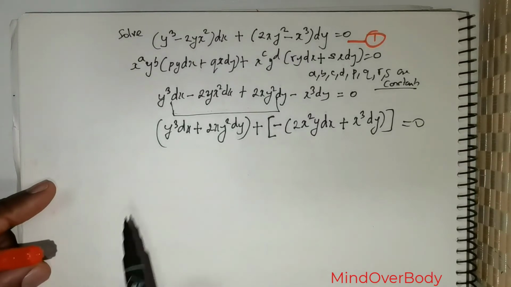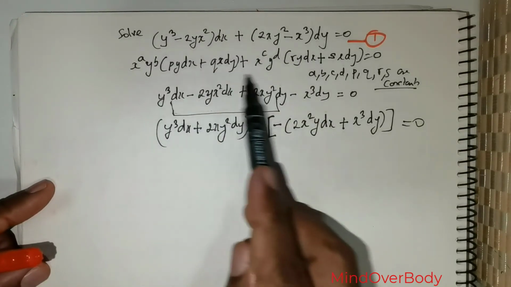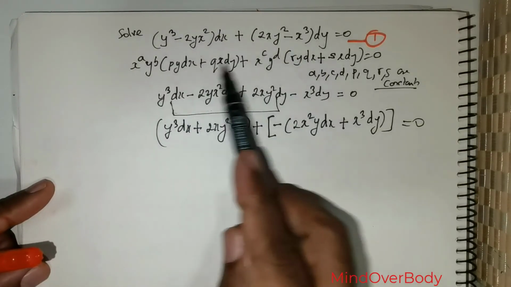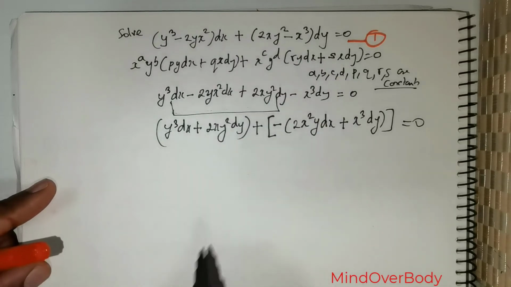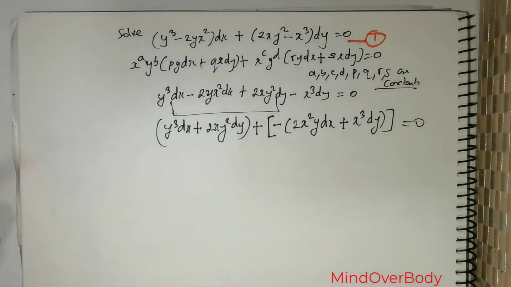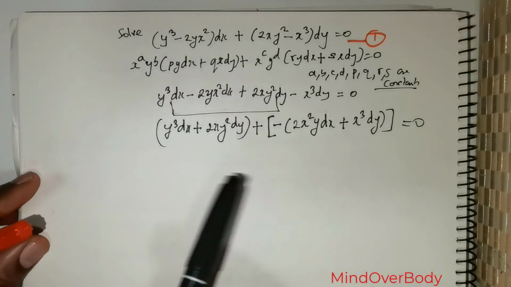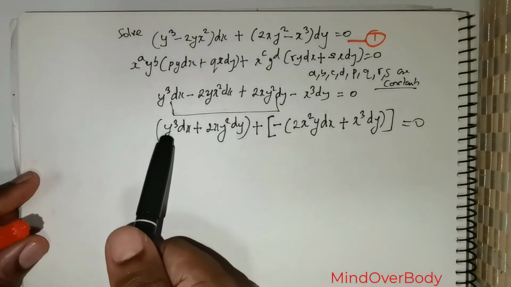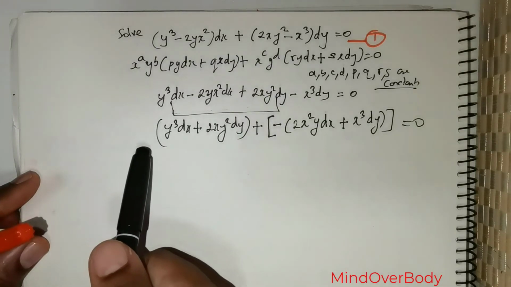So we are trying to get the representation that we are looking for. Now I'm going to take y squared out.